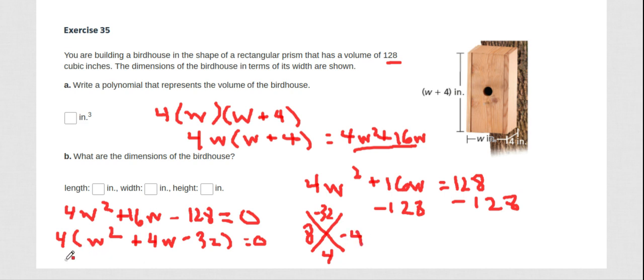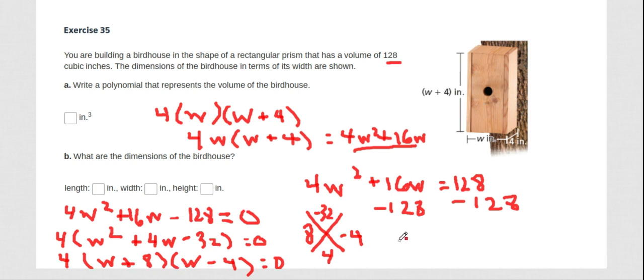So this polynomial factors into 4 times W plus 8 times W minus 4, and all that's still equal to 0. Now in order to solve for W, you use the zero product property. You know 4 is not equal to 0, so you can ignore it right now.